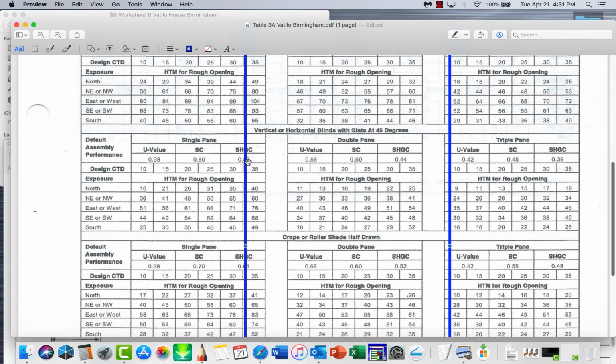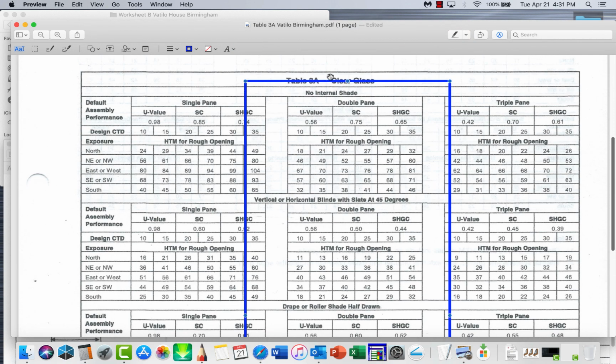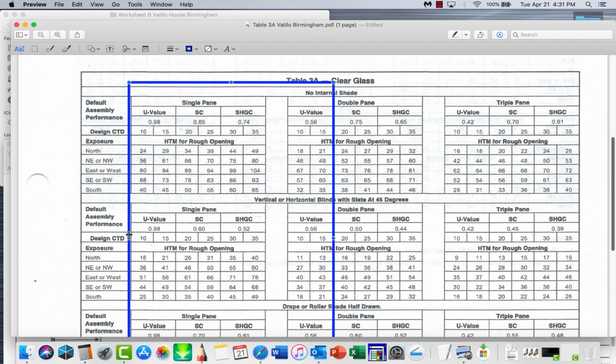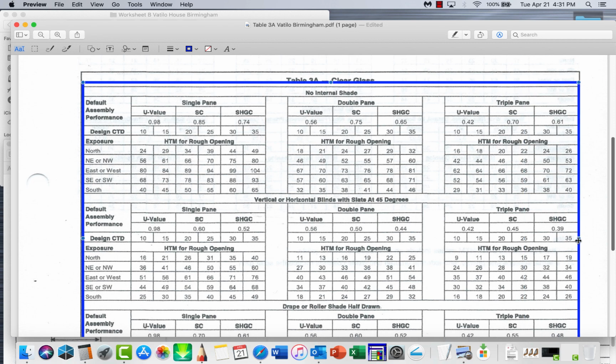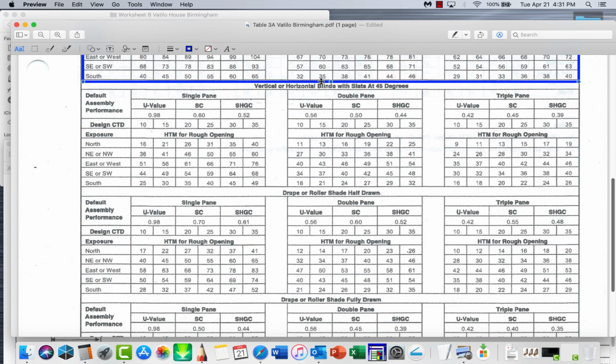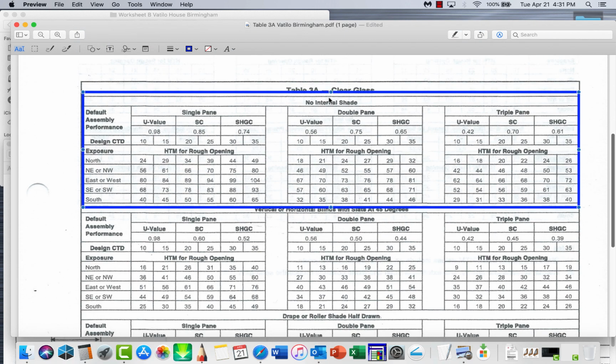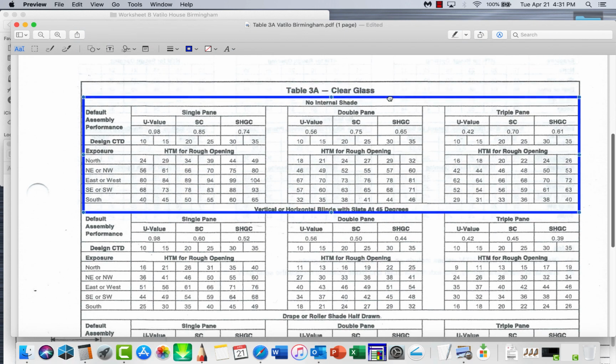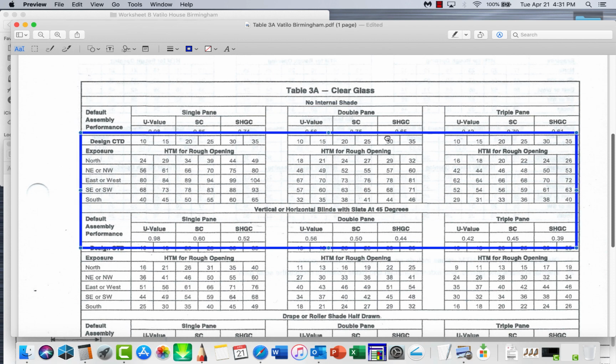The ones that are running left to right, like this, and here. Let's just break down these parts here so you understand the table, so in the next video it won't take as much time. This is internal, no shade.